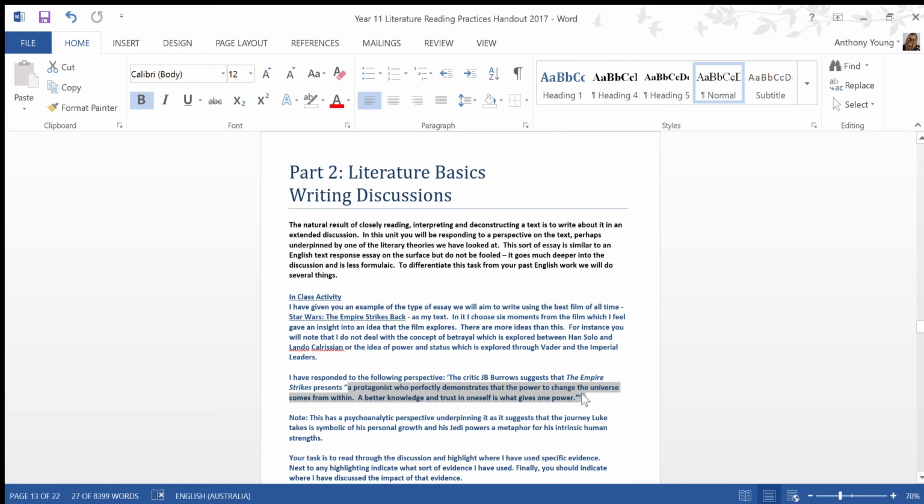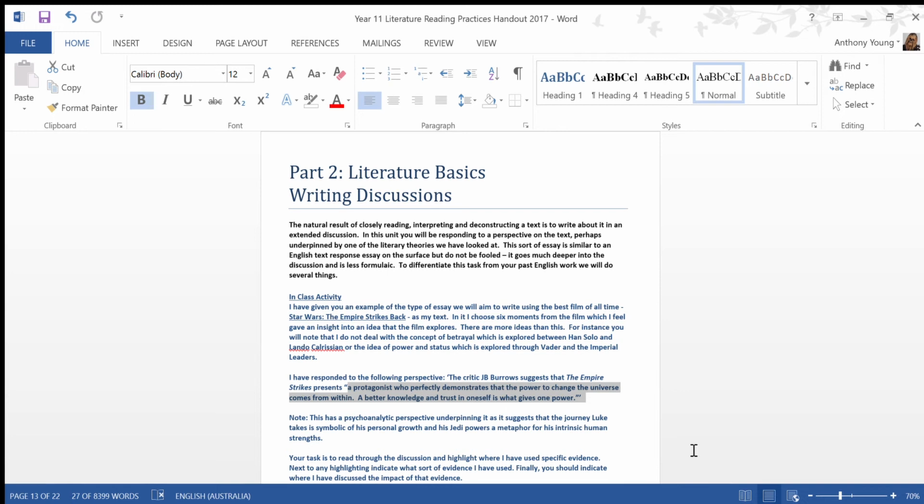So Luke Skywalker has a quality to him that captures an idea that resonates with all of us, that if you want to change the world, you've got to look inside yourself for some intrinsic ability. And he says, a better knowledge and trust in oneself is what gives one power.